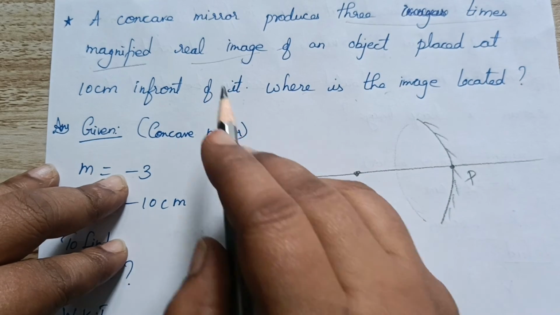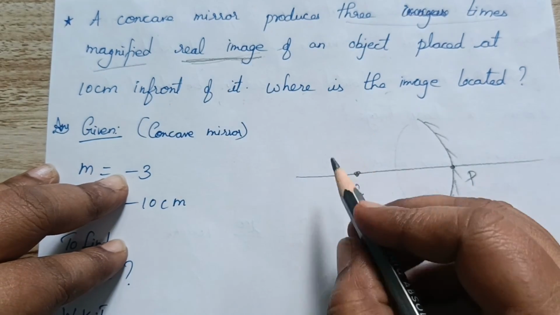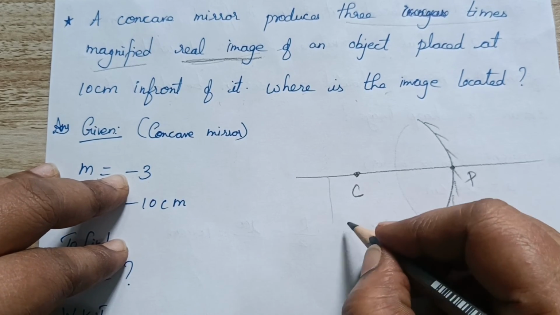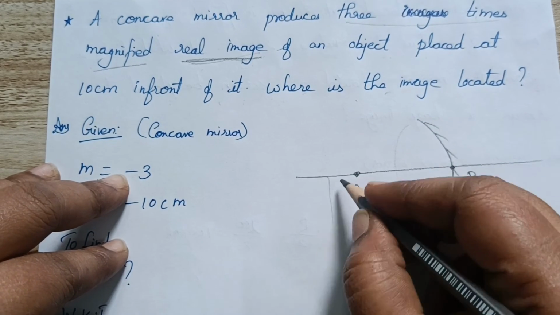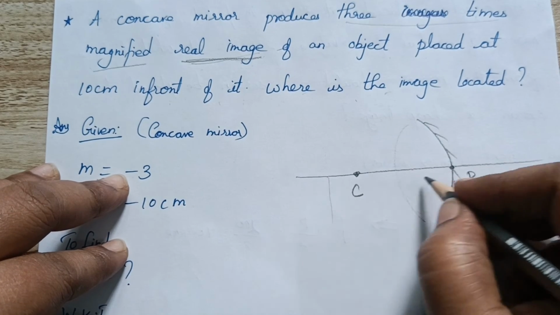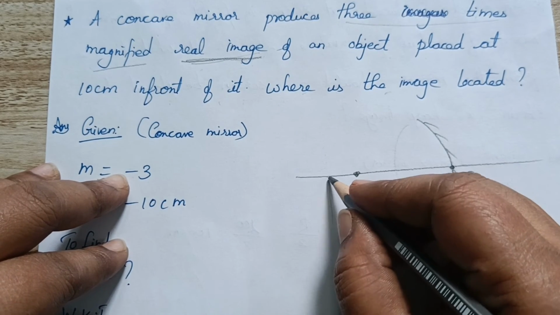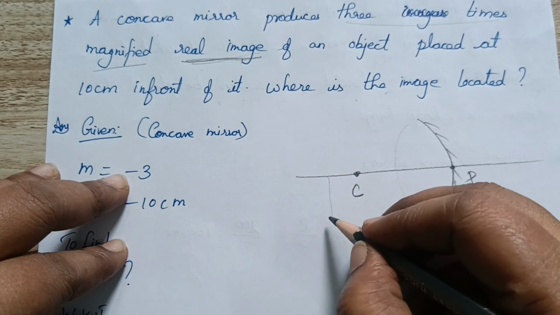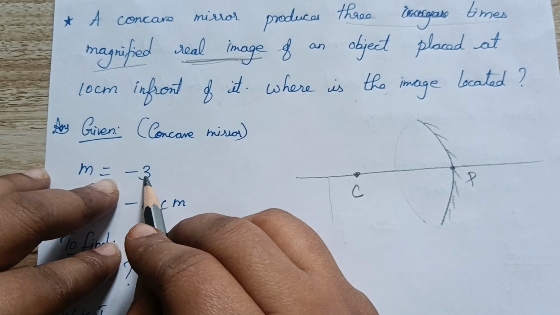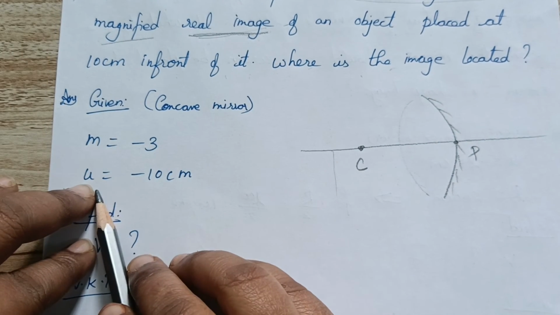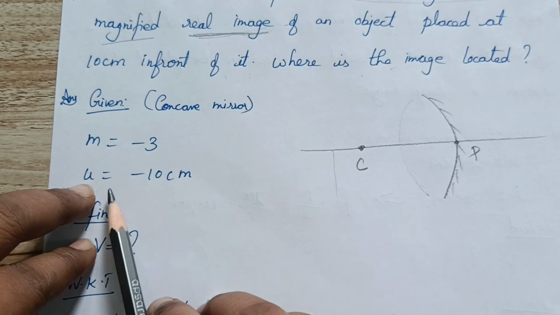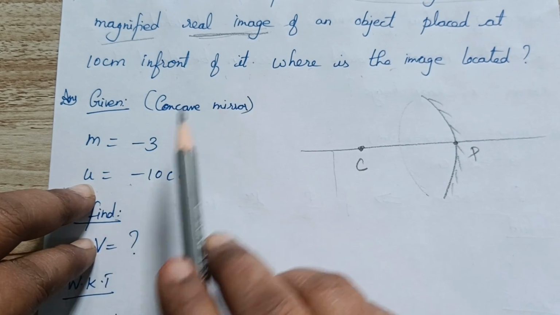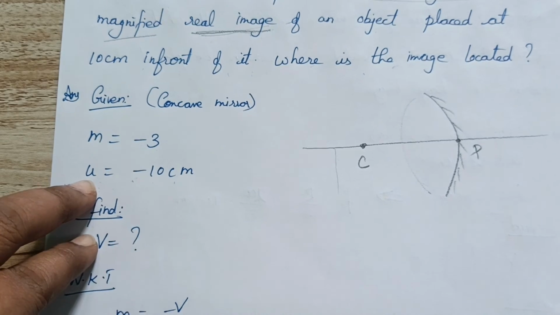Because they said real image, which means it will be real and inverted, on the negative side of the y-axis. So you get minus 3. U is always negative. The object is placed 10 centimeter in front of it, so u equals minus 10 centimeter.